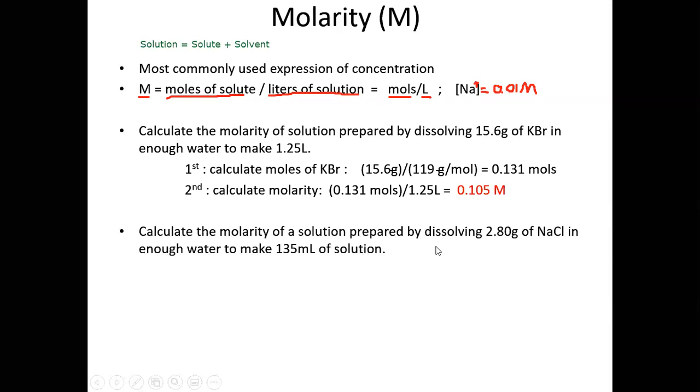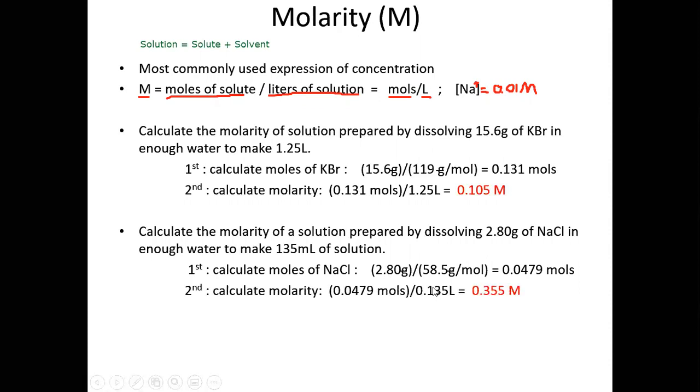Now we want to calculate the molarity of a solution prepared by dissolving 2.80 grams of sodium chloride in enough water to make 135 milliliters of solution. Again, you don't just simply take the mass and divide it by volume, that would give you density. The first step is to convert the mass into moles by dividing by the molar mass.